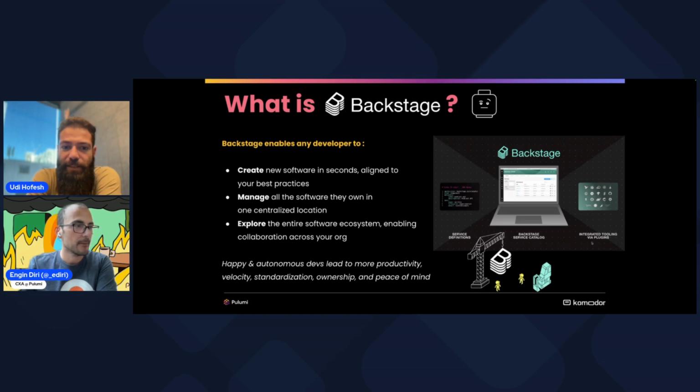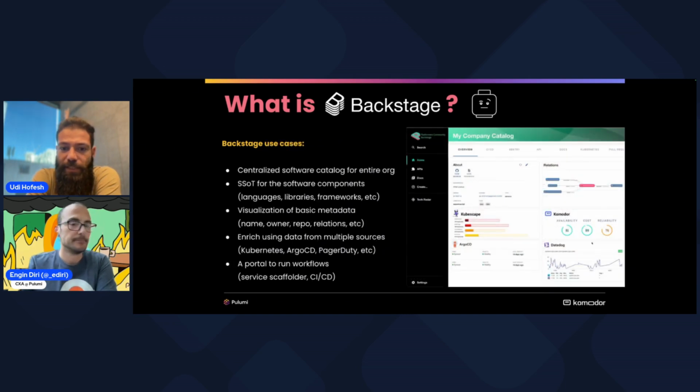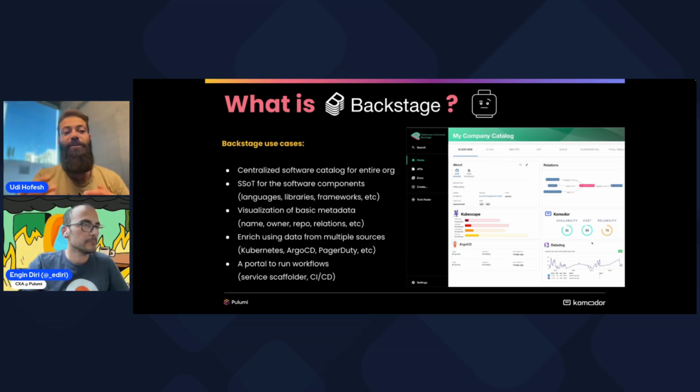So the next slide is an example of an implementation of Backstage. What you see on the right is an example of a company catalog that has all the important components bubbled up. And as we said in the beginning, everything is customizable and interchangeable. So maybe for you, Kubescape or ArgoCD are not the relevant tools.